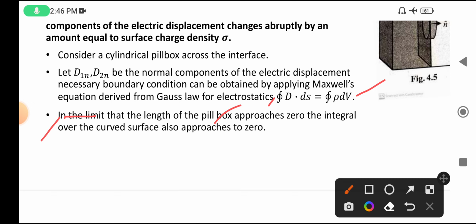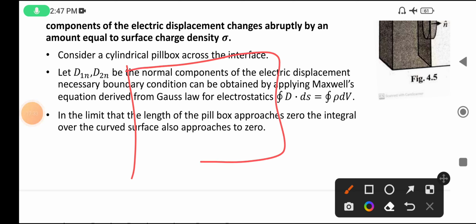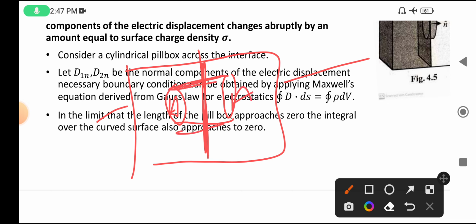Here is one object, here is another object, and this is their boundary. At this boundary we consider one pill box like a tablet, like this. This side has area A, and this side is also A.